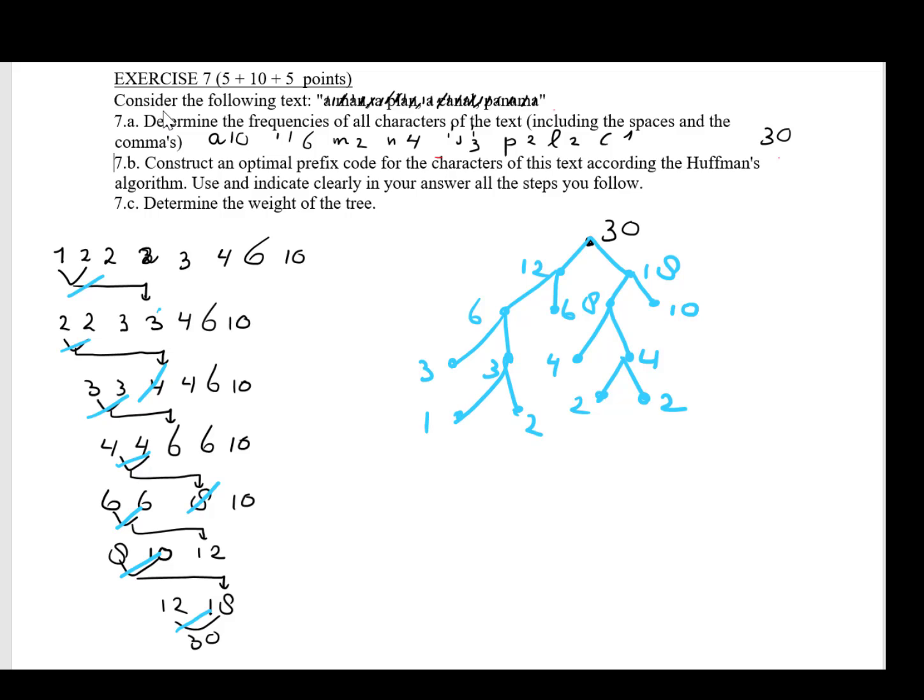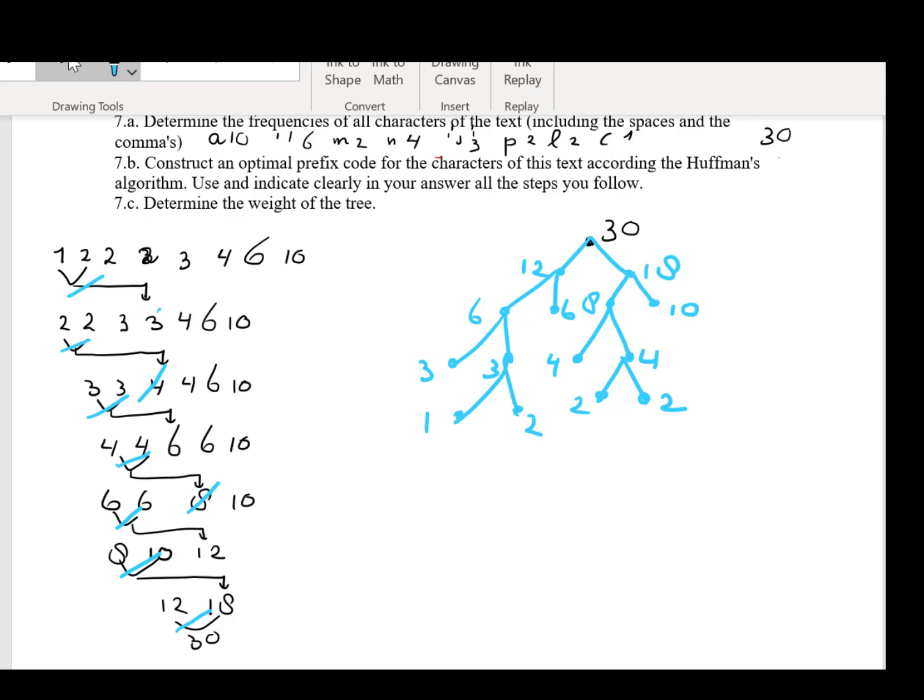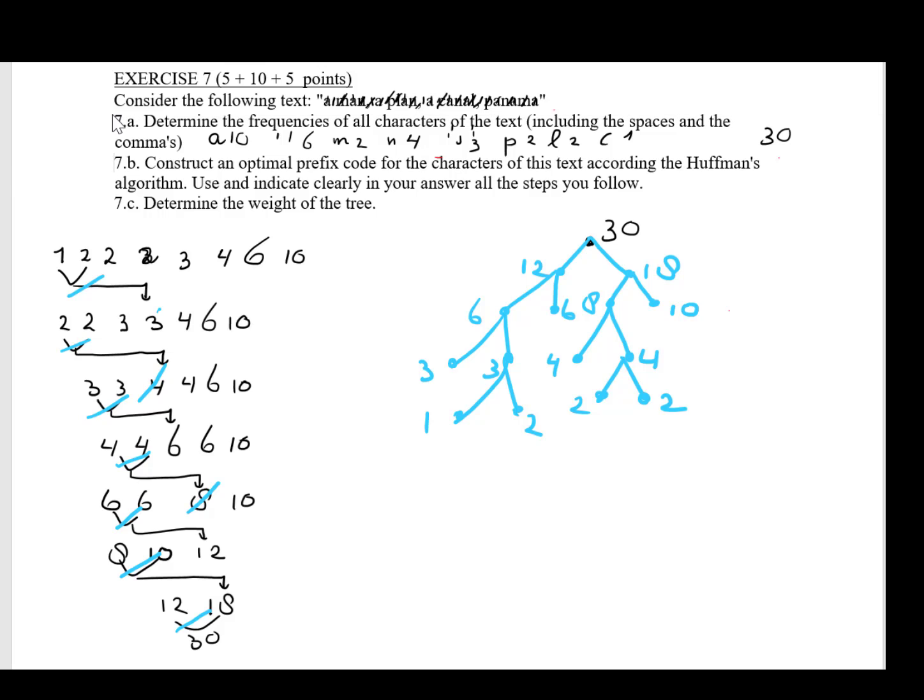And that's it. So now for every leaf we should find a corresponding char. So let's check. So we have 10 here, and 10 would mean the A at this one. Then we have 2. Okay, let's just choose M. We have another 2. Let's choose L. Another 2.